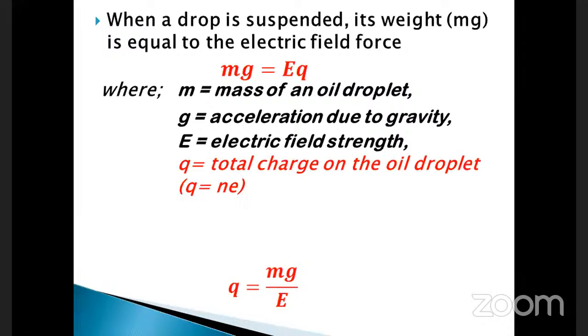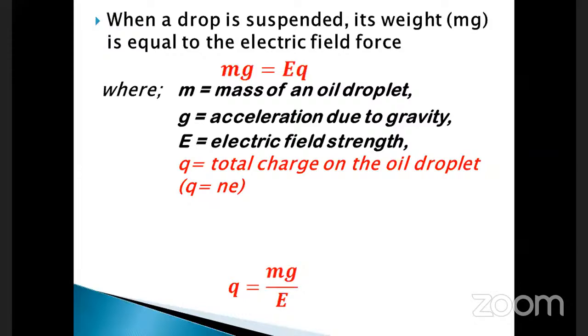But Q now is the total charge of the oil droplets, because each oil droplet is capable of taking more than one electron. So we now have to introduce N to multiply the number of electrons that each oil droplet captures. So Q is actually charge, but it is now the total charge.